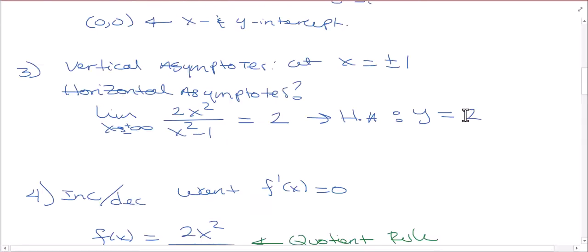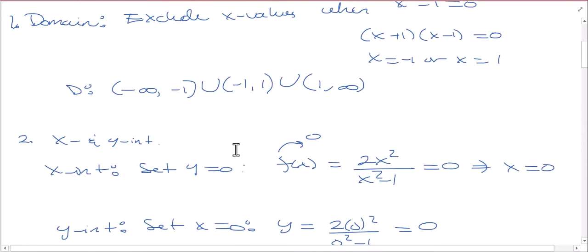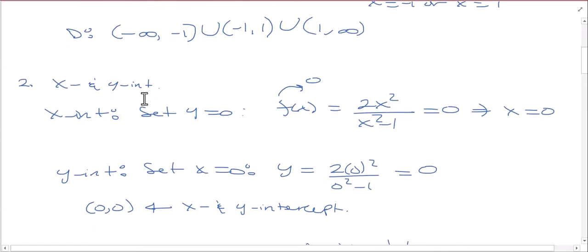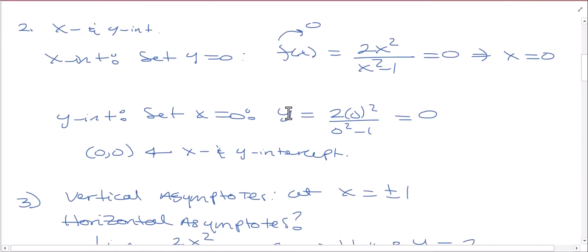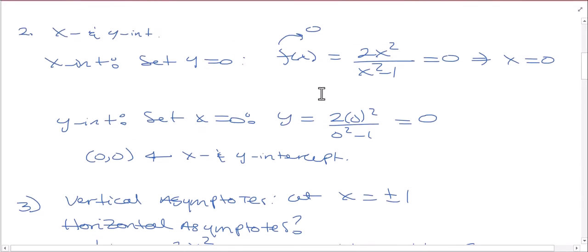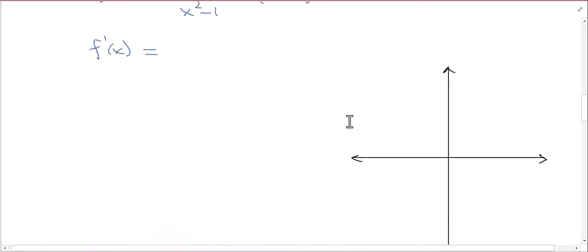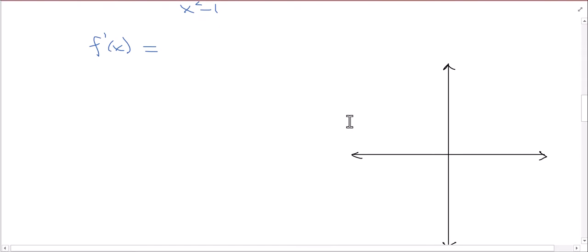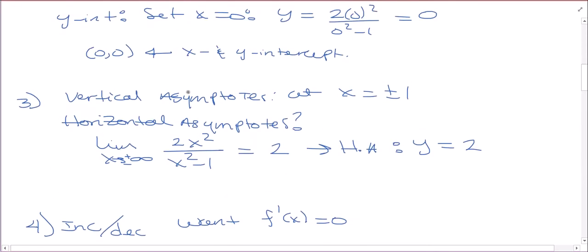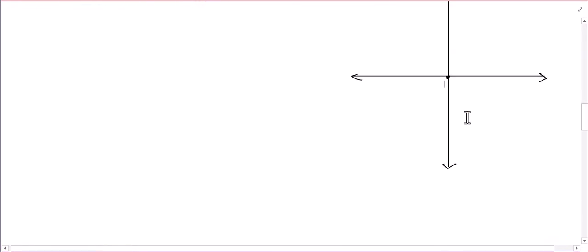So when I put my grid, then I go for the domain, we just find the domain. But as soon as you find your x and y intercepts, it's a good idea to plot them. In this case, they were the same value, so I'm going to plot 0, 0 as my x and y intercept. And then I also found vertical asymptotes at x equals plus or minus 1, and a horizontal asymptote at y equals 2.